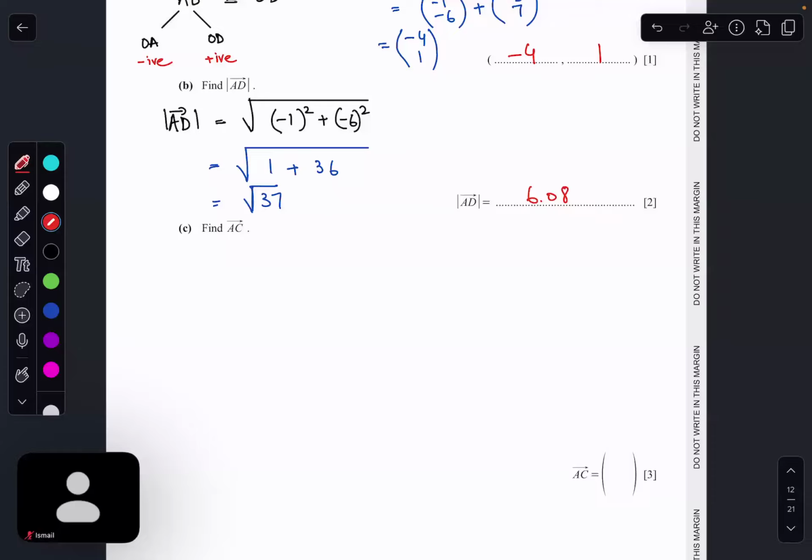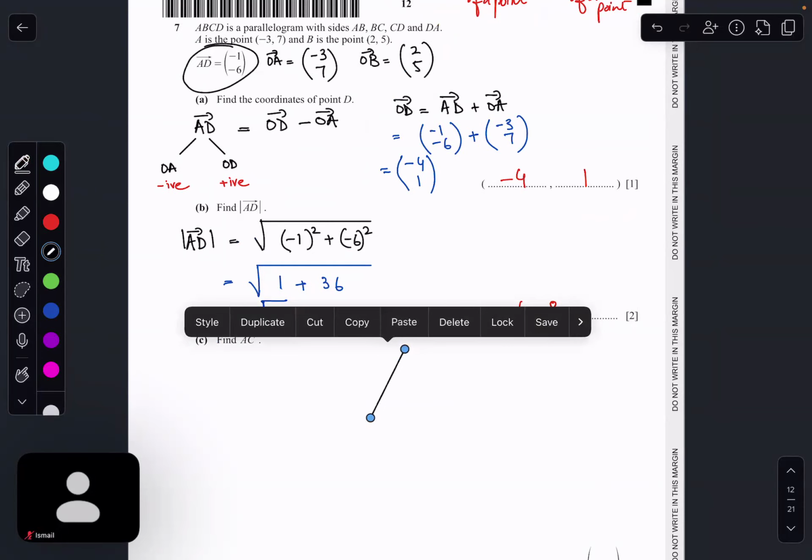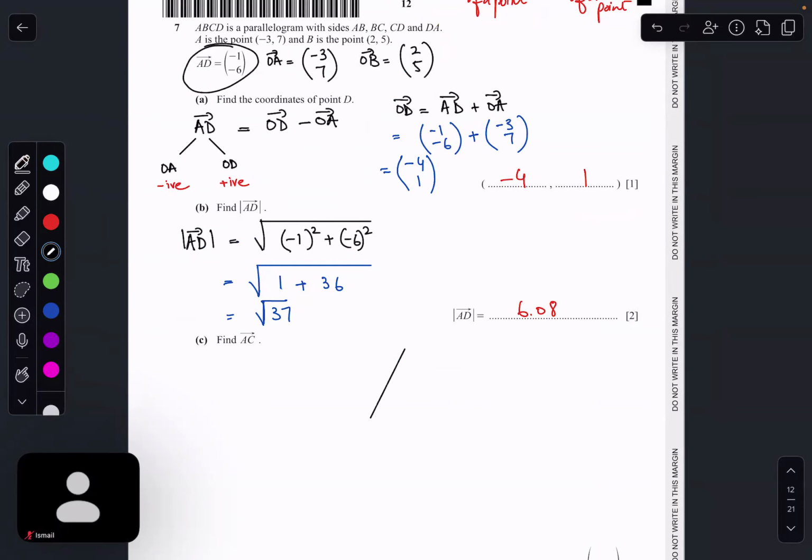Find AC. ABCD is a parallelogram. So let me draw it like this.